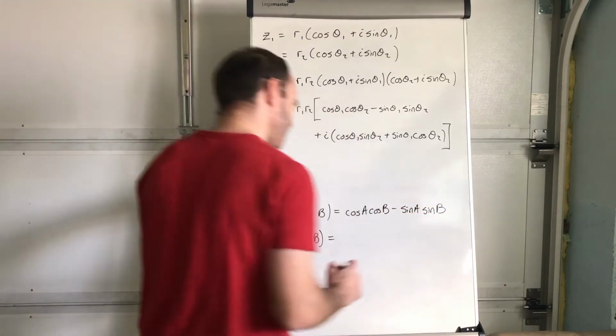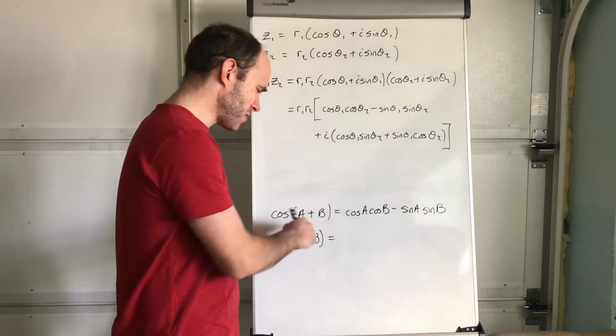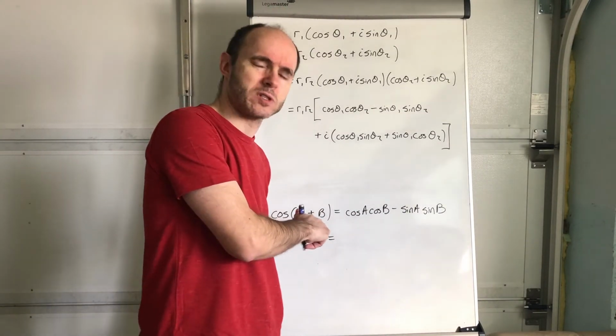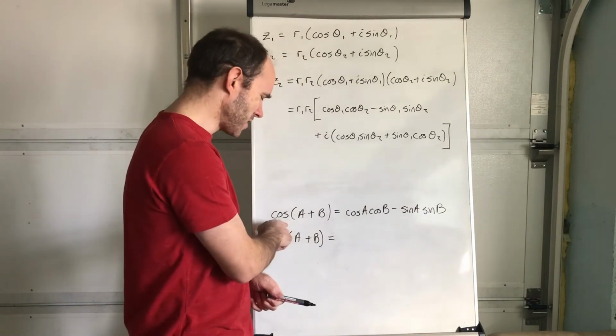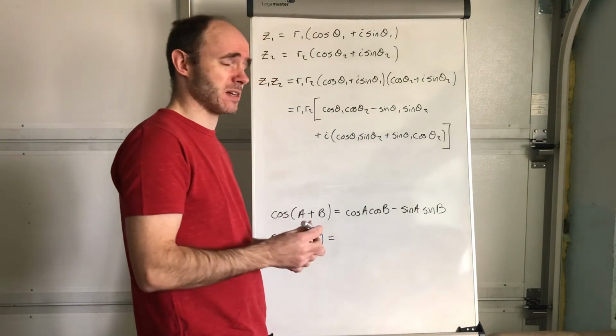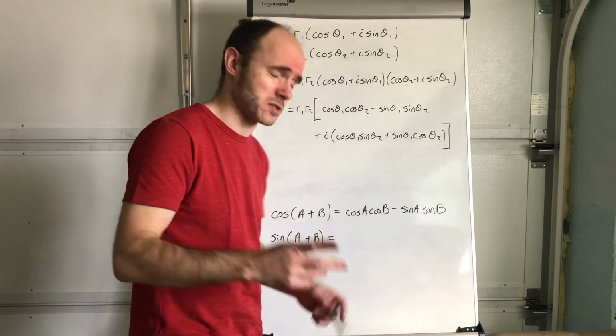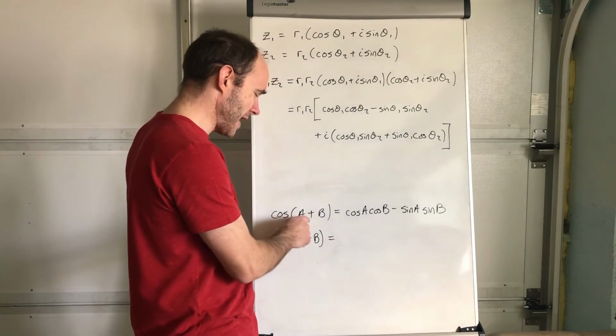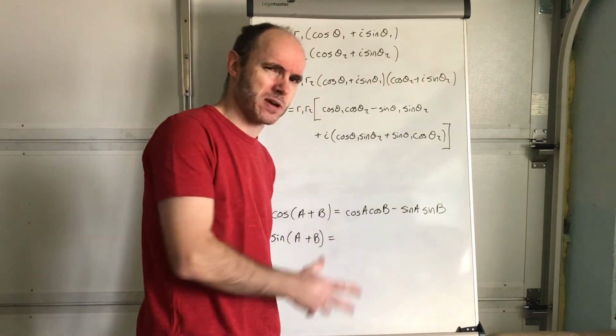If you're seeing this for the first time, notice that these brackets are not expanded in the same way you expand algebra, because cosine is not a multiplication function. You don't just do cosine A plus cosine B. You don't expand brackets in the same way.